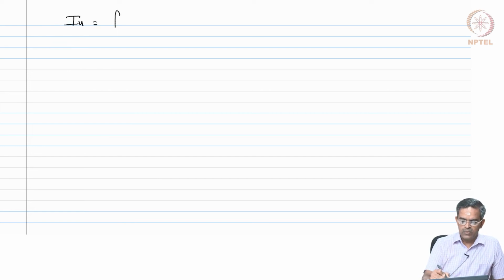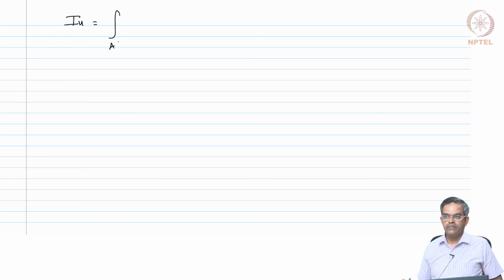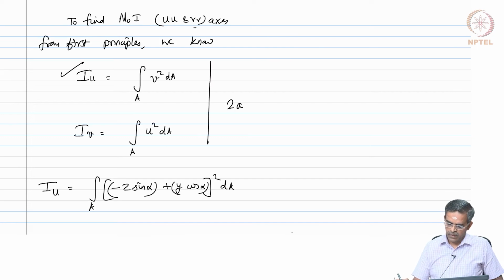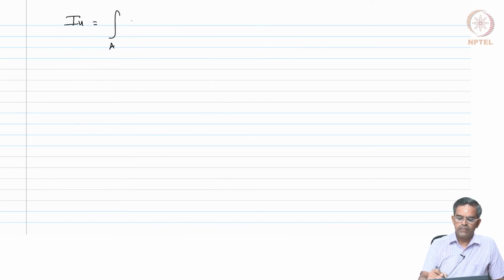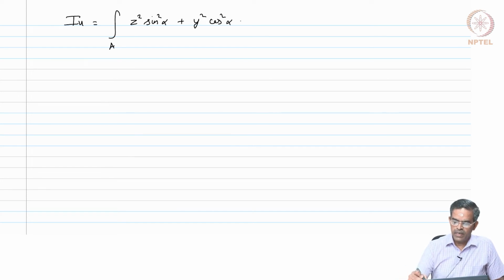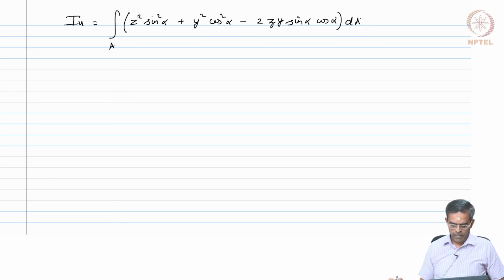Iu is equal to the integral of z square sin square alpha plus y square cos square alpha minus 2 zy sin alpha cos alpha dA.